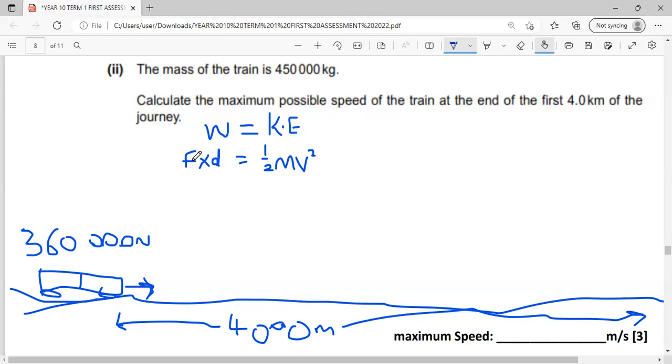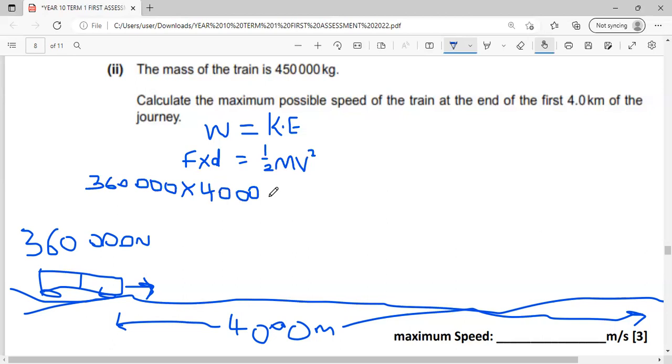Now let us substitute. What is the force? 360,000 multiplied by the distance. The distance is 4 kilometers, which is 4,000. We've done this already, but let's just continue with it.